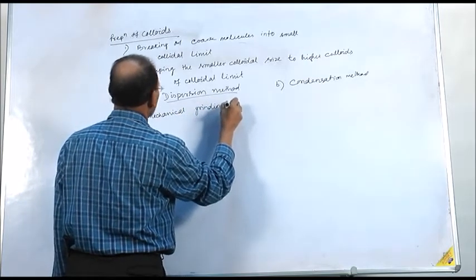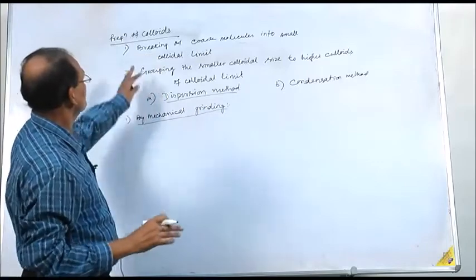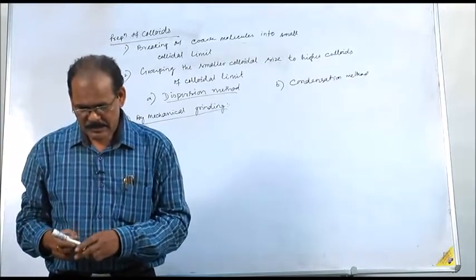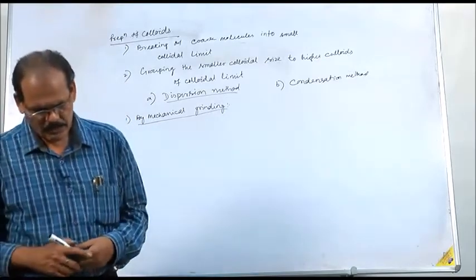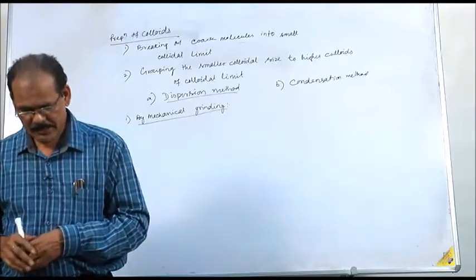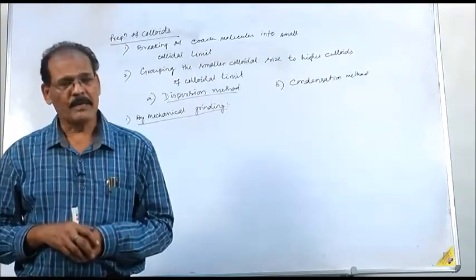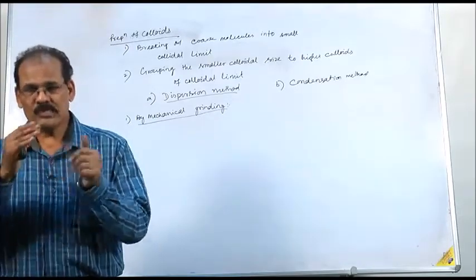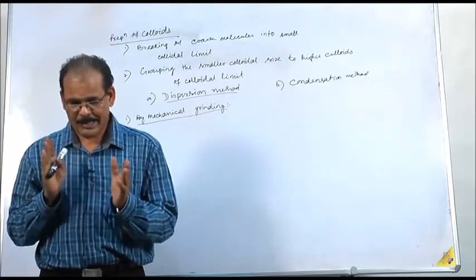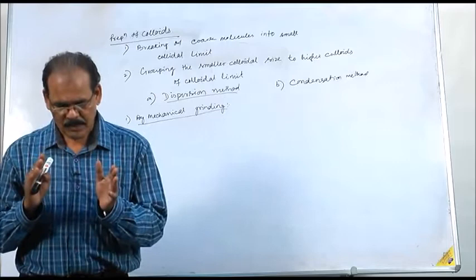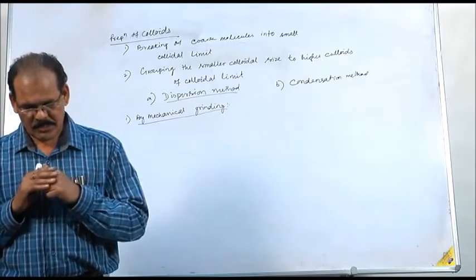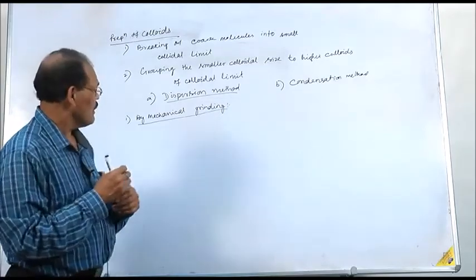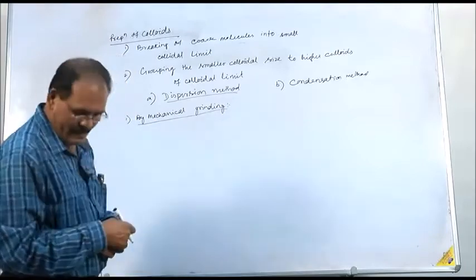Mechanical grinding means as a larger group of polymers is breaking down to a colloidal limit, it is fed into a mechanical grinder which is having two discs moving in opposite directions, so that the materials fed between the two discs in the form of slurry get into smaller size. This is mechanical grinding.